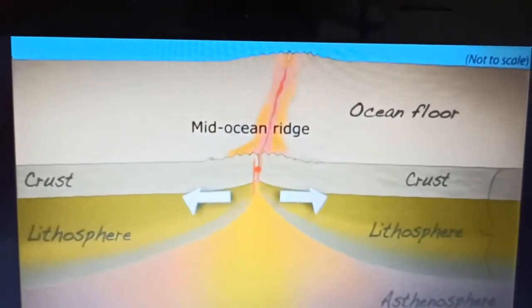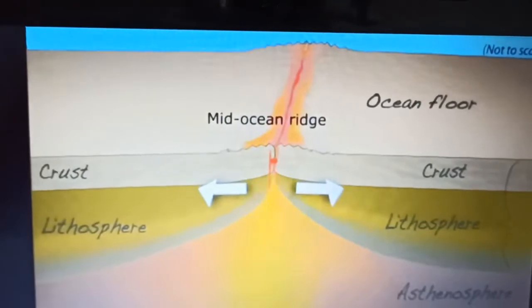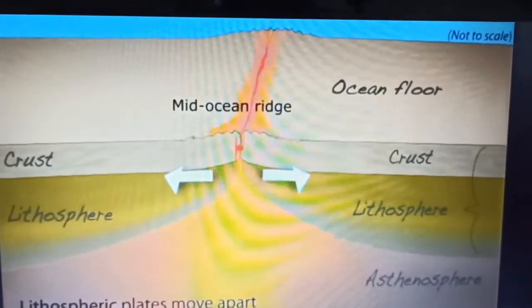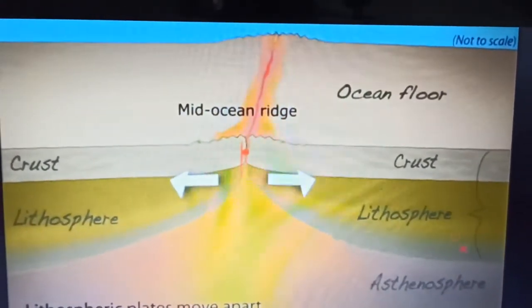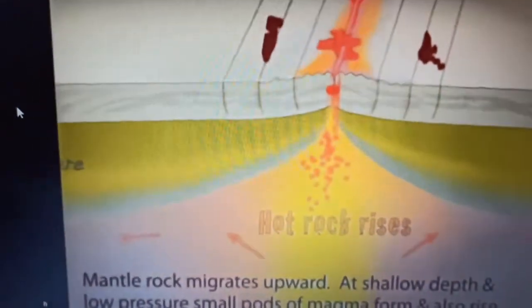Then the mantle rocks migrate upwards to shallow depth, and due to the low pressure, small pods of magma form and also rise.